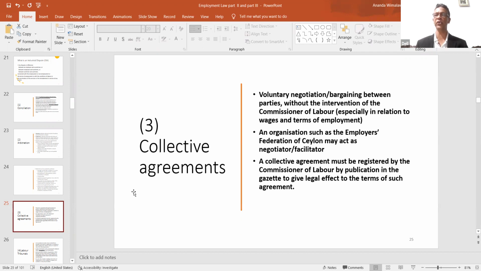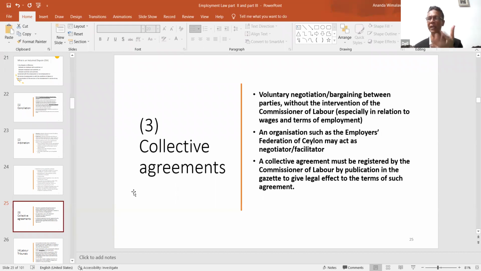You may be having a question: how do we determine the 40% threshold? The trade union says, yes, I have 40%. The management says, no, that trade union does not have 40%. Then the request may come either from the trade union or the management to the Labor Department to undertake a referendum in order to ensure whether the said trade union has the 40% threshold or not.